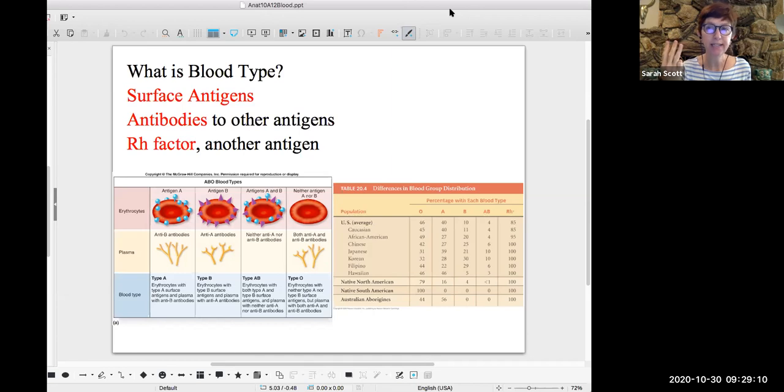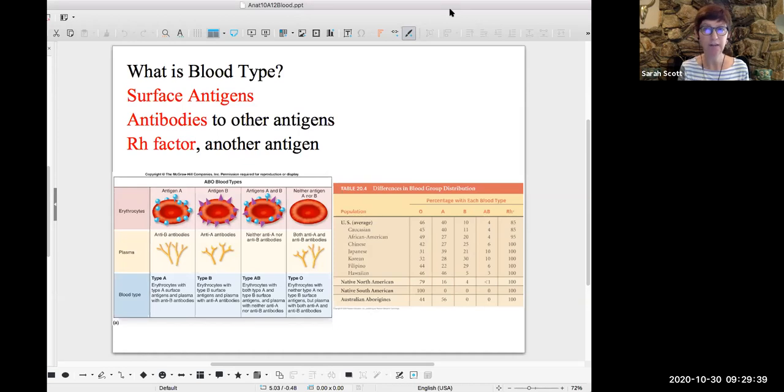Now remember, an antigen is just something that can cause an immune response. Doesn't have to, but especially if it's an antigen that your body hasn't seen before, then the immune system will respond. Antigens are usually some kind of identifiable protein, something that the body goes, wait, that's not mine, that doesn't belong here.